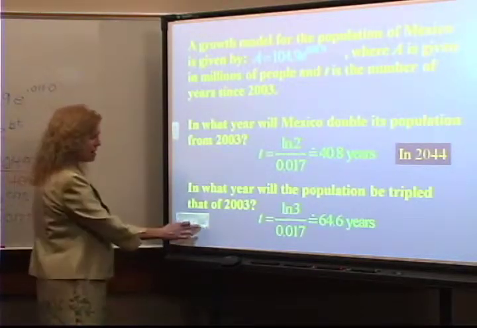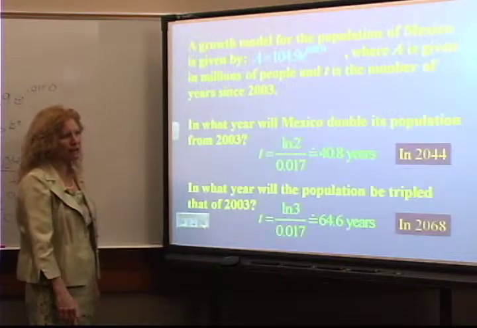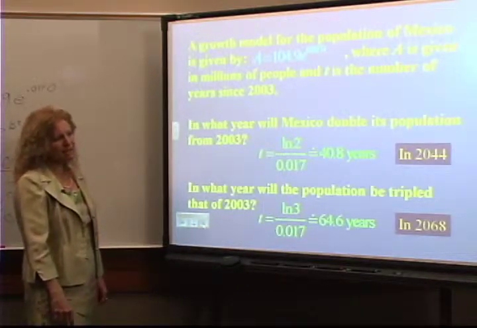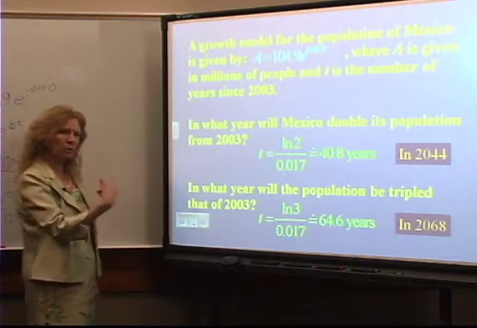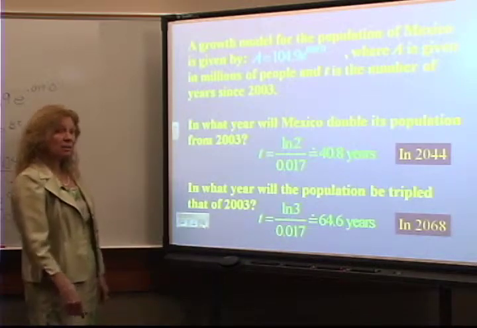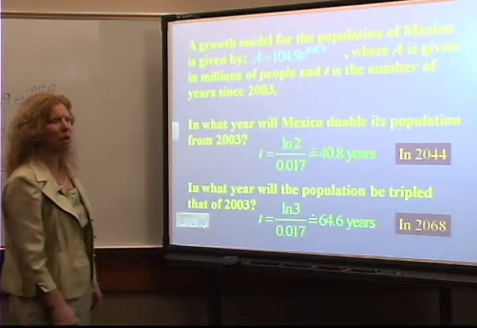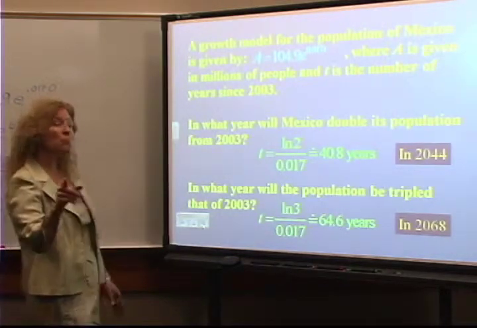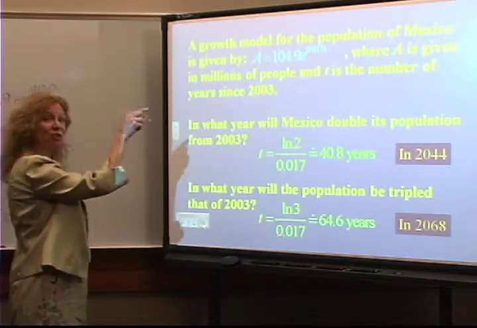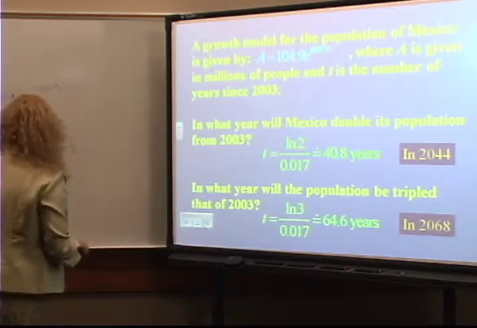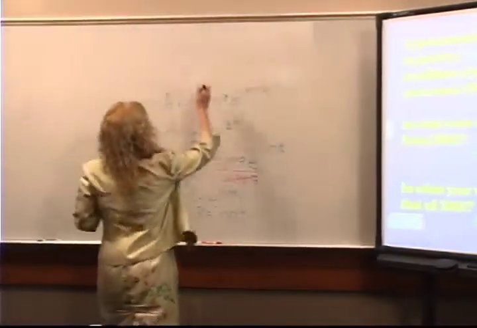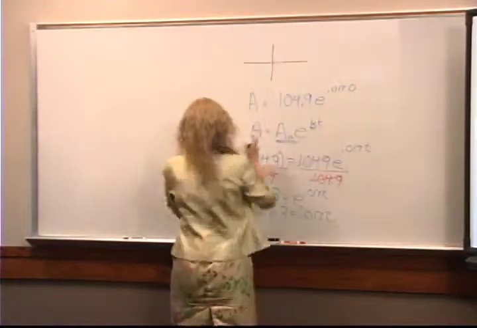You might be okay with that idea. Seems like a reasonable idea. In 2068, it ought to be tripled what it was in 2003. Now, of course, that's dependent upon it continuing to follow that model. Okay? Hey, and do you remember what an exponential function looks like when you graph it? Just as a quick refresher.